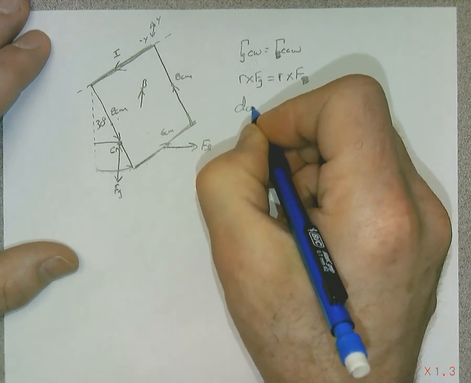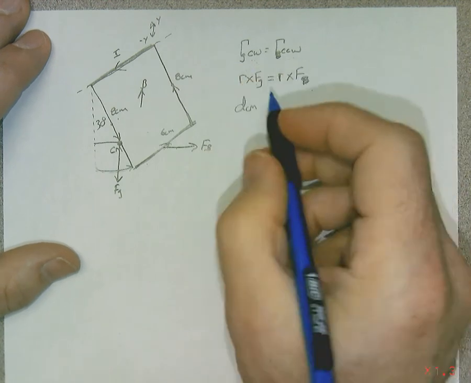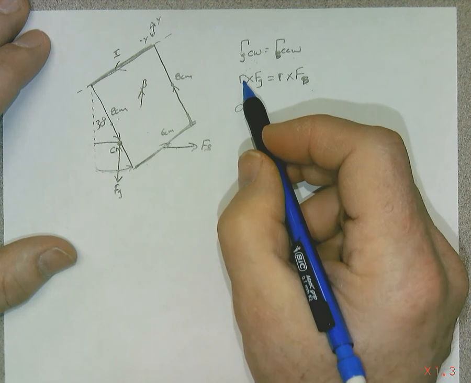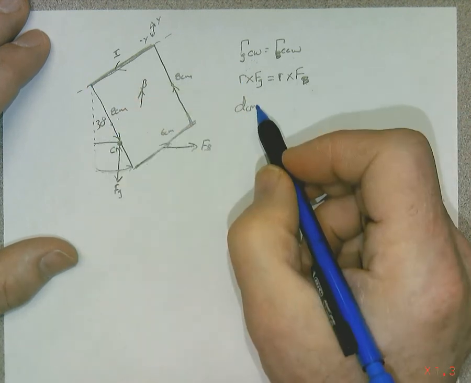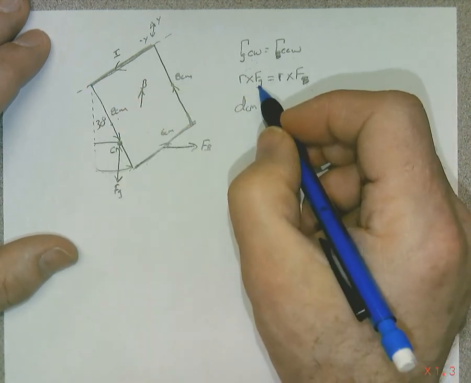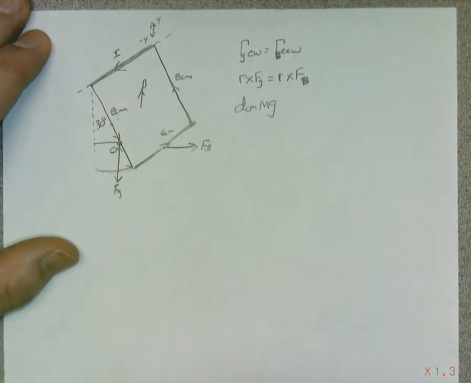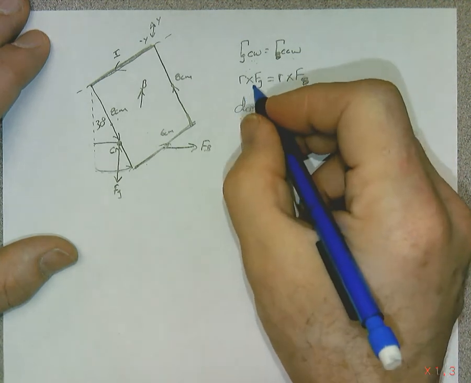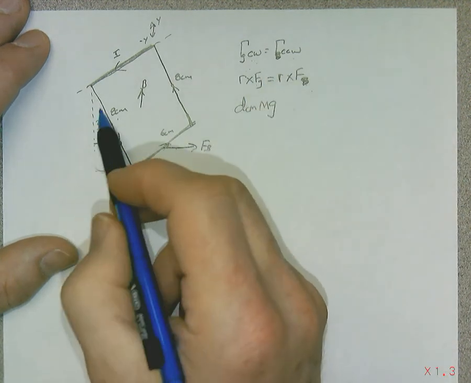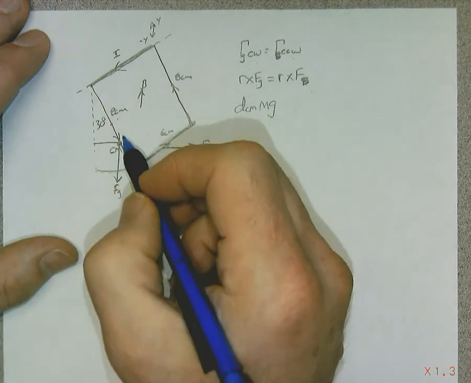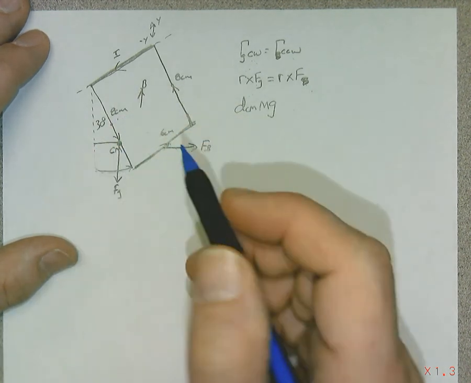Distance to center of mass, that is the R part here. And then the force is mass times gravity. Cross product is really force and moment arm here.